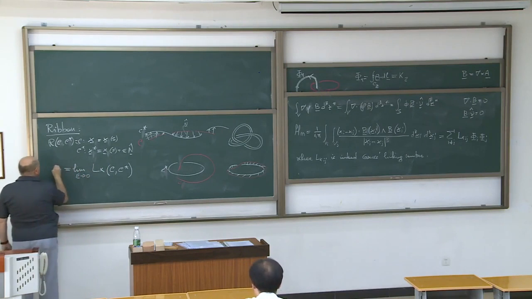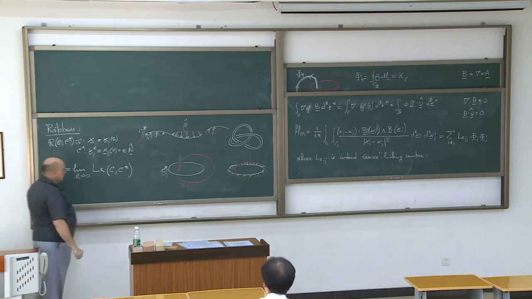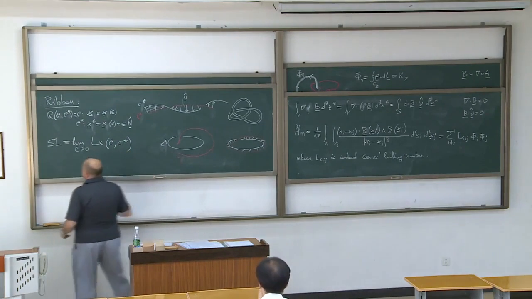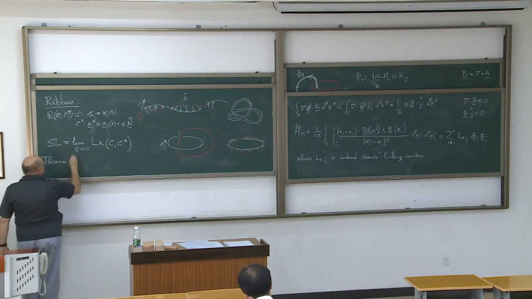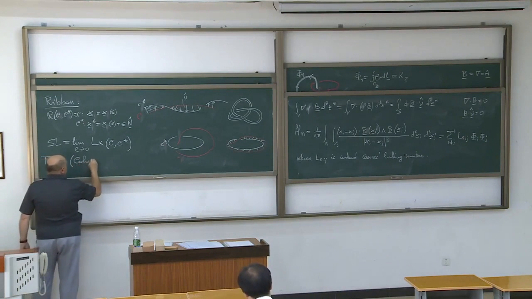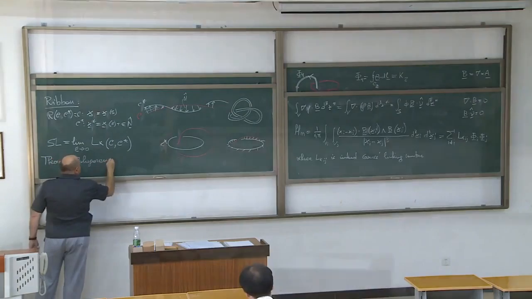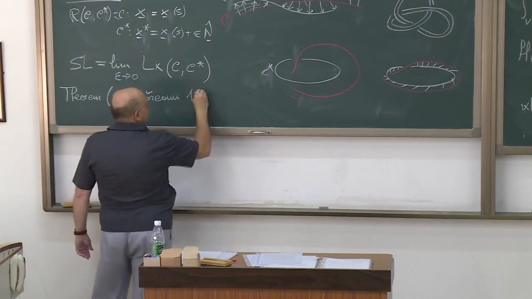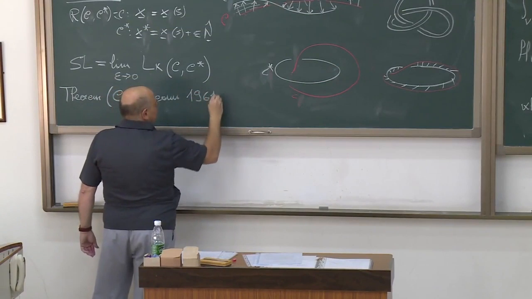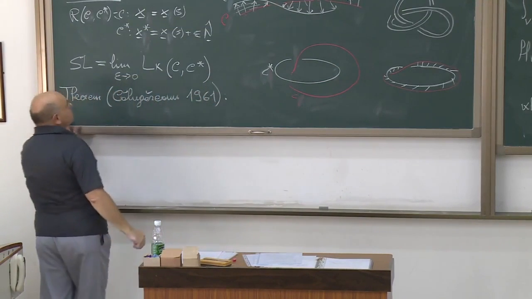And you call this quantity self-linking, and the theorem goes like this, a famous important theorem by Calugareanu, 1961, is the following.